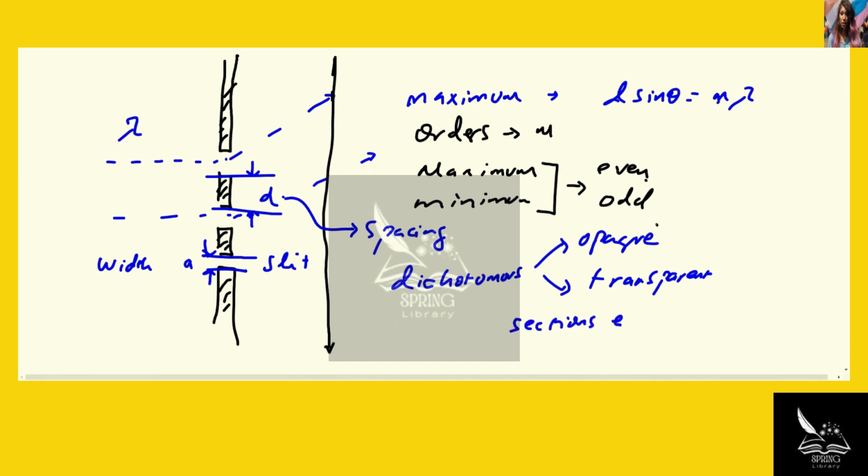They're going to eliminate, or they're going to get rid of the even maxima orders. So that's what we want to show in this particular problem. We want to see how we're going to get rid of even maxima orders.